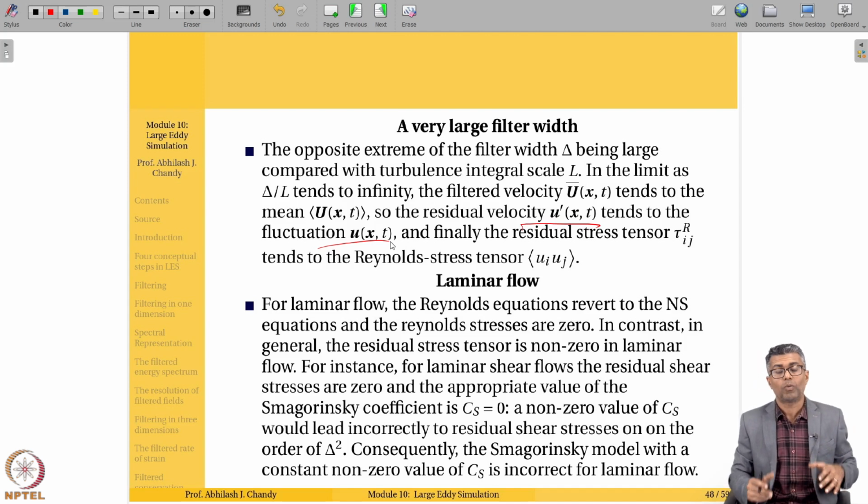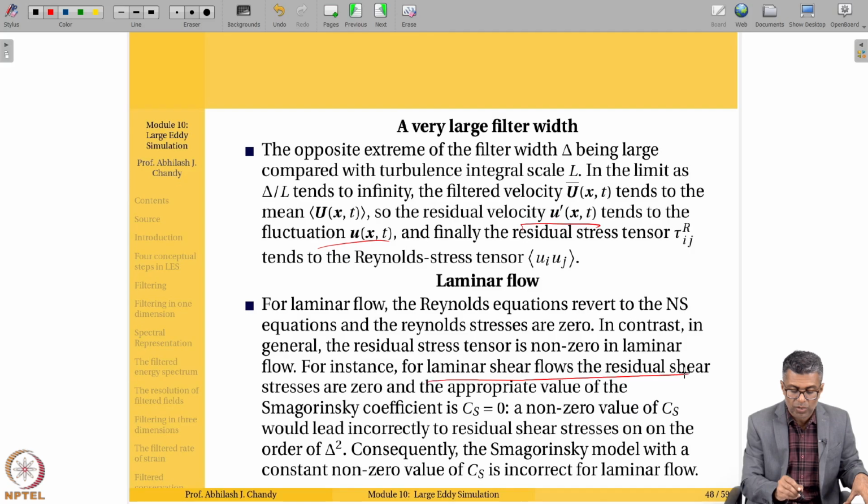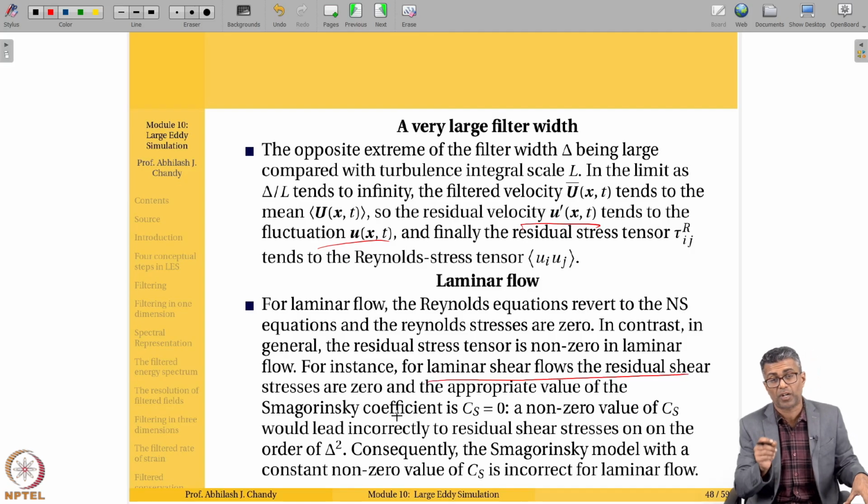Another limitation is, what if this is applied to a laminar flow? For laminar flow, the Reynolds equations essentially revert to the Navier-Stokes equations, and the Reynolds stresses are 0. On the other hand, in LES, the residual stress remains non-zero in laminar flow. For instance, for laminar shear flows, the residual stresses are 0 and the appropriate value of the Smagorinsky coefficient is C_S equal to 0, whereas a non-zero value of C_S would lead to incorrectly estimating the residual shear stresses to be non-zero.